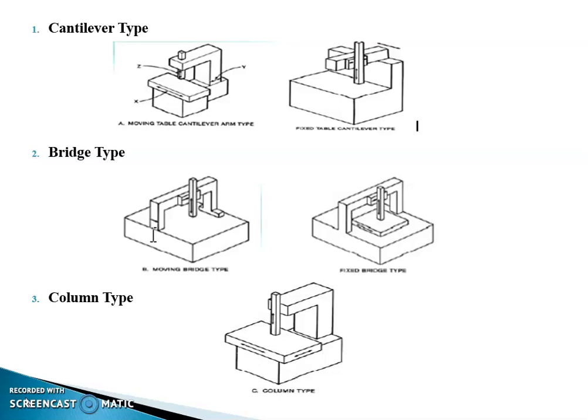And the second one is the bridge type. In this configuration, the probe is attached to a vertical ram, indicated by the z-axis in the figure, which moves on a horizontal beam, that is the bridge structure, along the y-axis. The horizontal beam moves along the x-axis on the guideway on the fixed table and carries the probe.